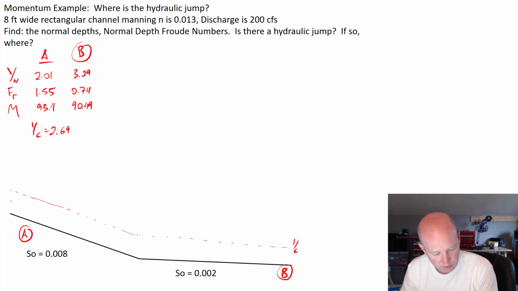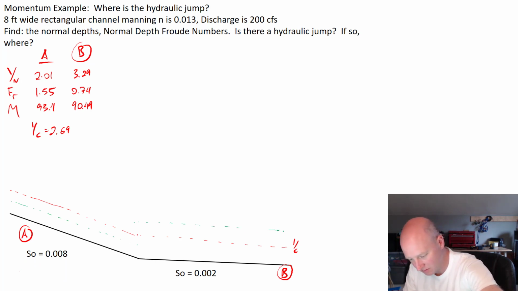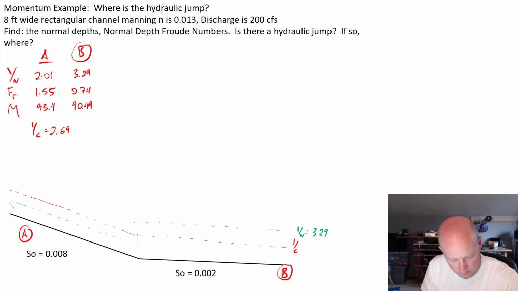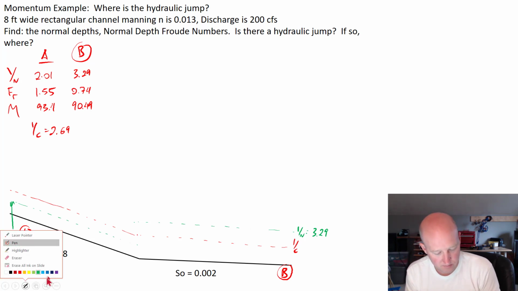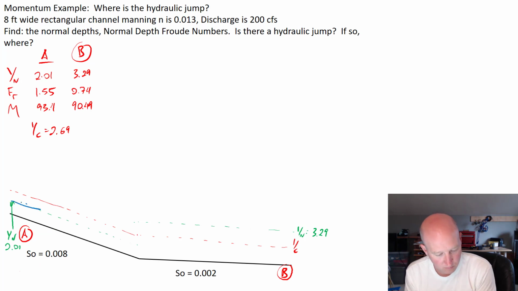Critical depth, normal depth upstream, supercritical; critical depth, normal depth downstream, subcritical. And so if we go far enough upstream, we'll have uniform depth.